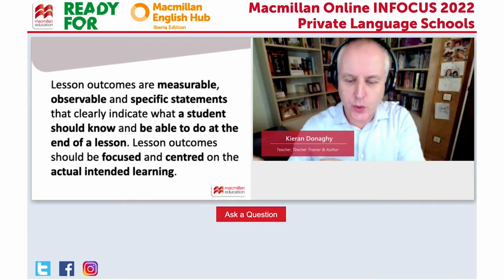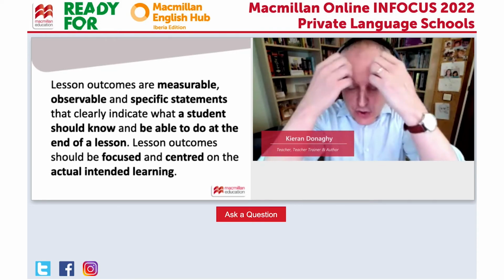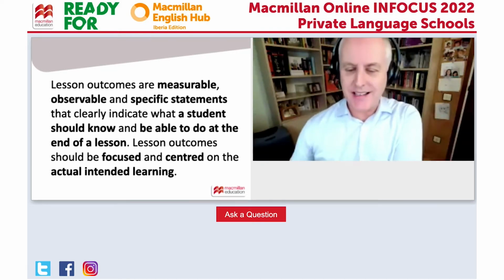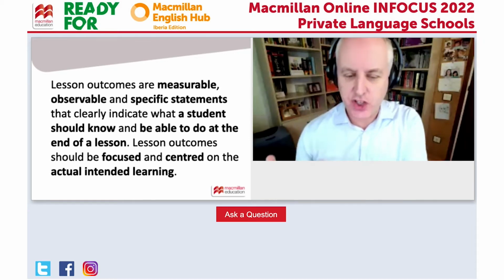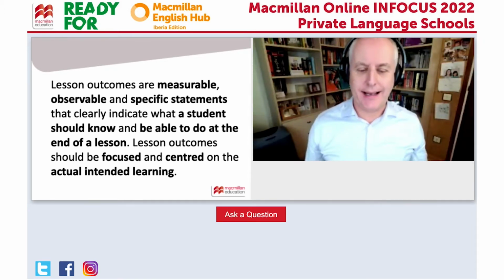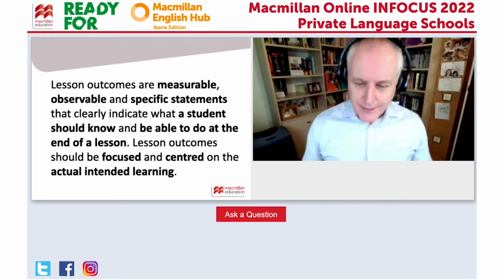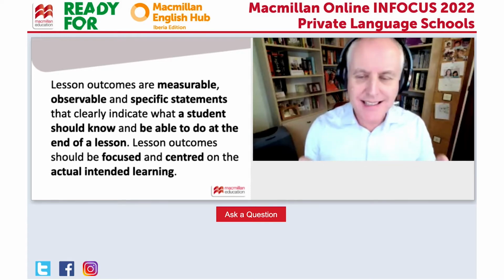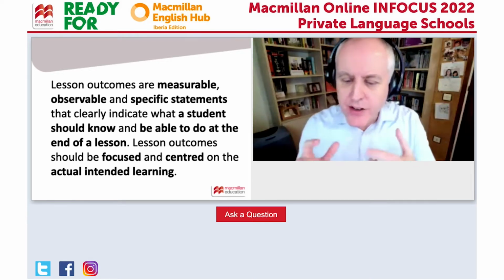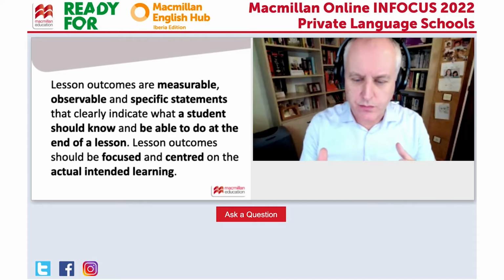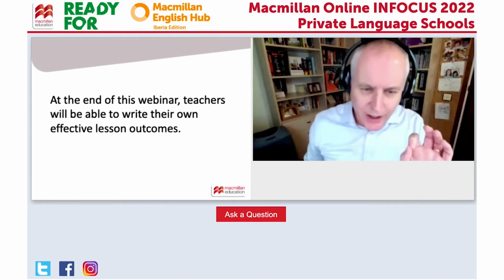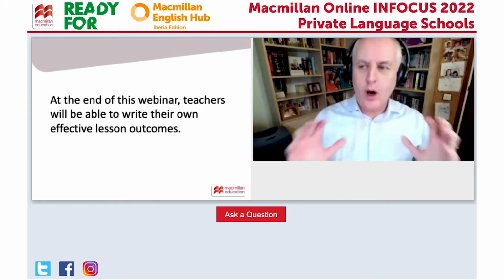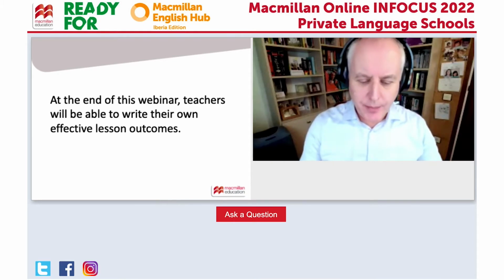So it's very much about what the student is able to do at the end of the lesson, the end of the teaching activity. Lesson outcomes are focused on the actual intended learning, not on the specific activities and not on the resources.